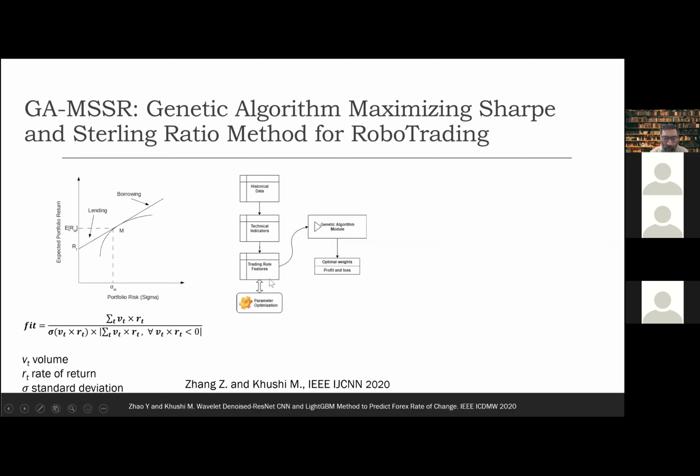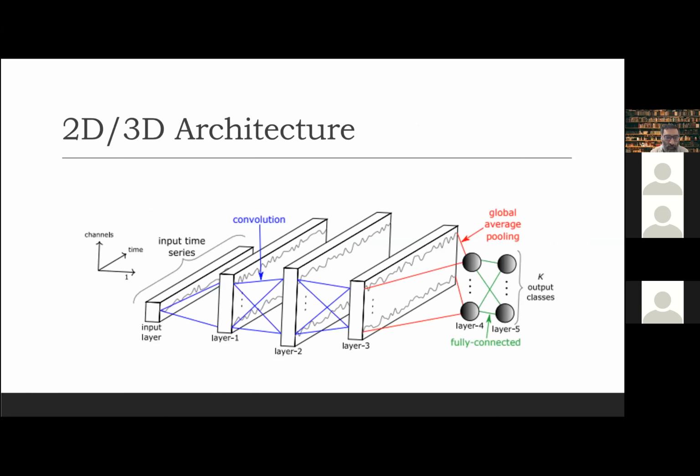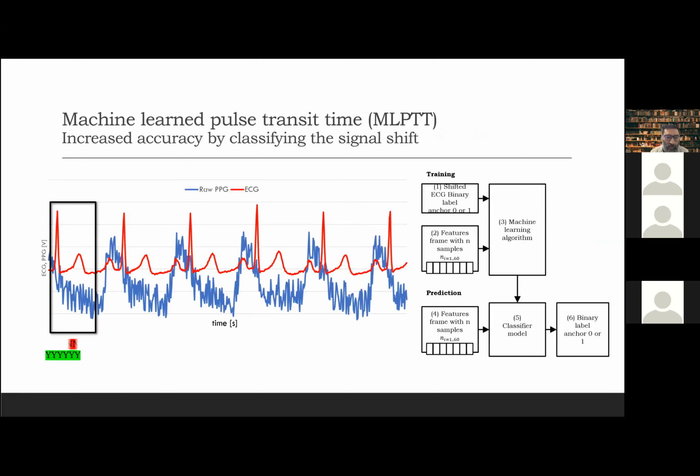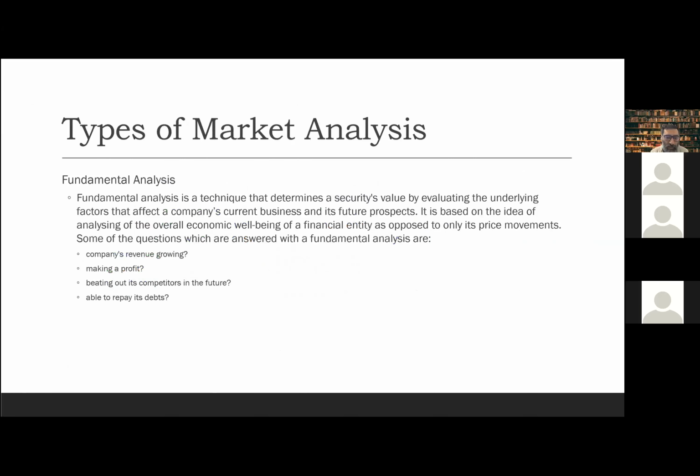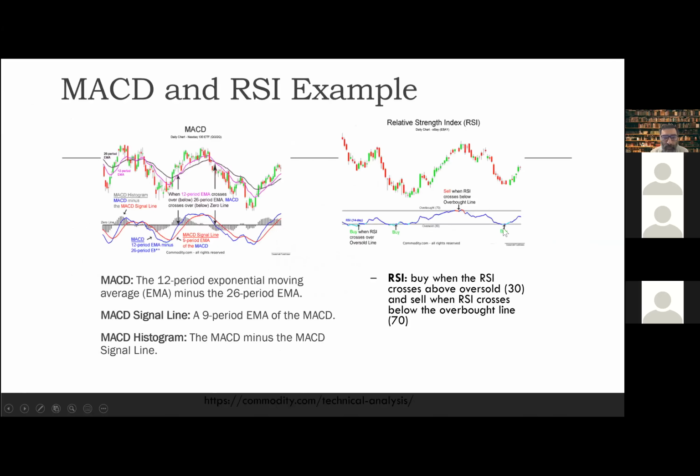I'll give you an example of a rule. Let's say this is one of the rules: when the RSI touches close to 30, then buy. And if it goes up to around 70, then you sell. So that's one rule.